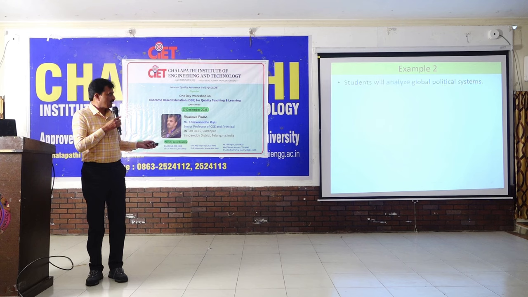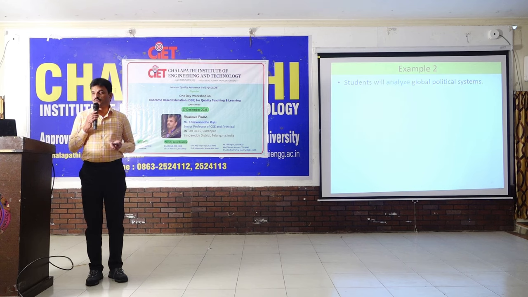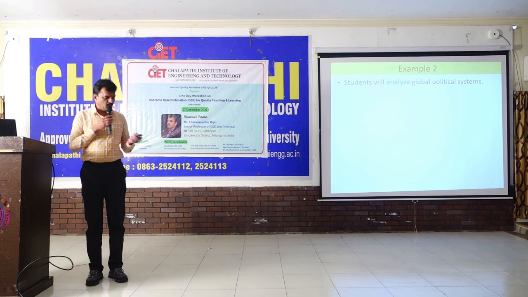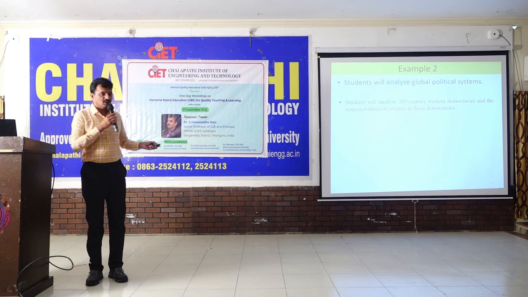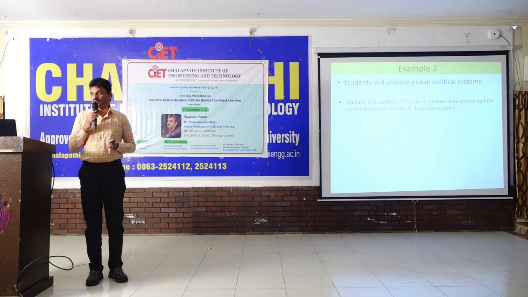Example 2. Students will analyze global political systems. What is global? Is it specific? It is very broad. So in that case, what do I need to do? I have to make it specific. How? To fulfill the requirements, see that students will analyze 20th century Western democracies and the responsibilities of citizens in those democracies. Even this is also a little bit broader.